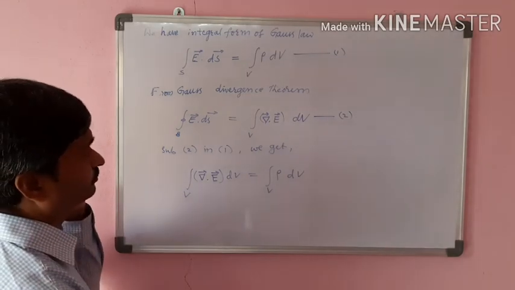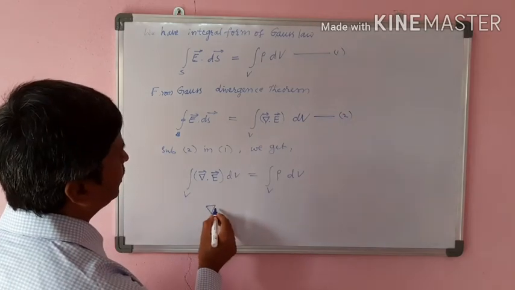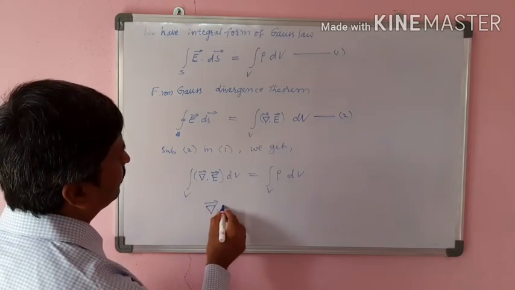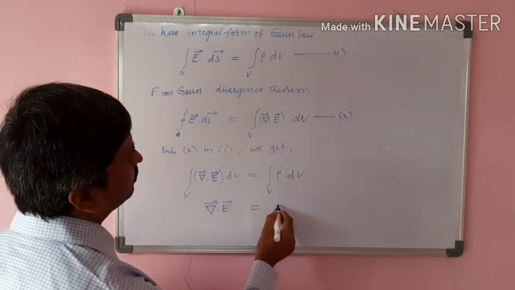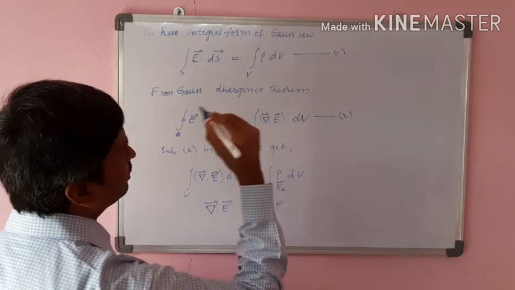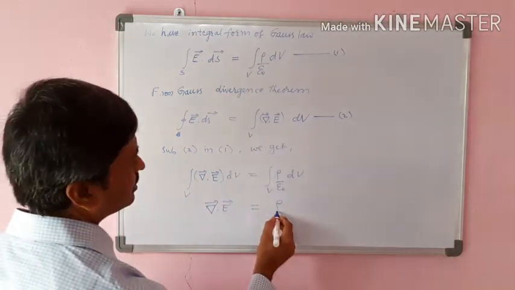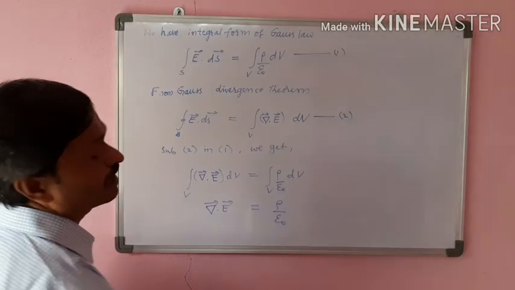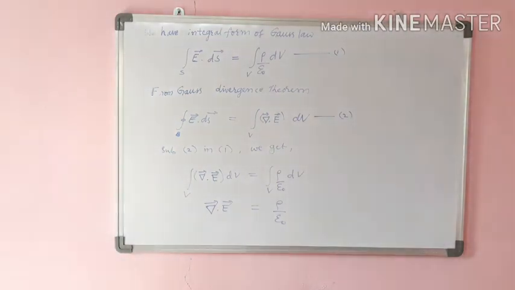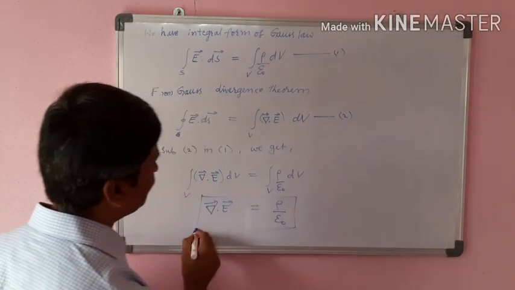So we write del dot E is equal to rho. Sorry, here we got epsilon naught in all the cases. In the previous one also I erased that. Epsilon naught from Gauss law, we forgot that. Q by epsilon naught is there. Right? So this is the differential form.